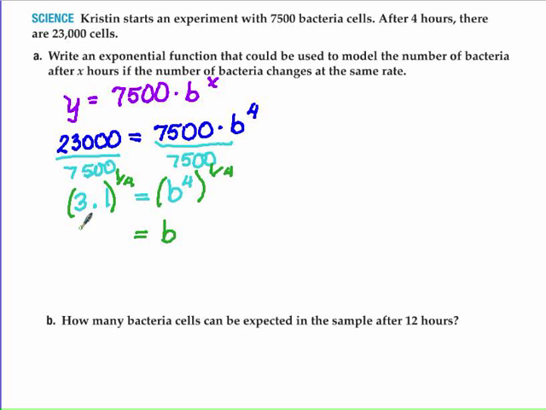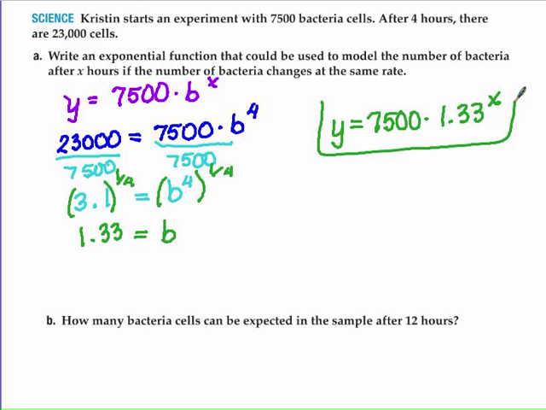Okay, so let's go ahead and round that to 2 decimal places. So my equation is really y equals 7,500 times 1.33 to the x power. All I did is plug 1.33 in for b.